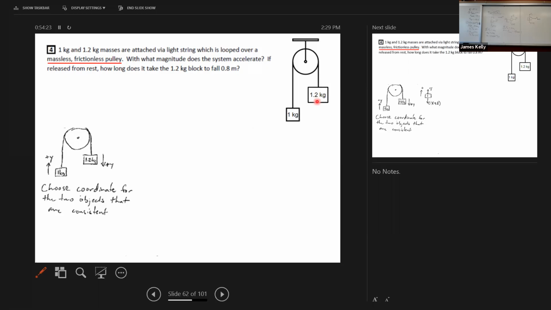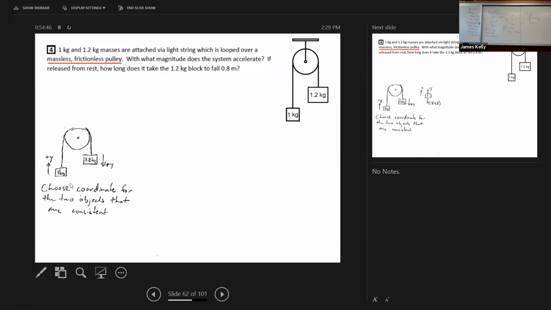The 1.2 kilograms is going to accelerate downward, whereas the 1 is accelerating upward. So it's a little more complicated than what we did before because they're not moving as a rigid unit anymore. I've got 2 pieces that are connected. The magnitude of their acceleration is the same, but the direction is different, so I can't easily lump them together into one object.